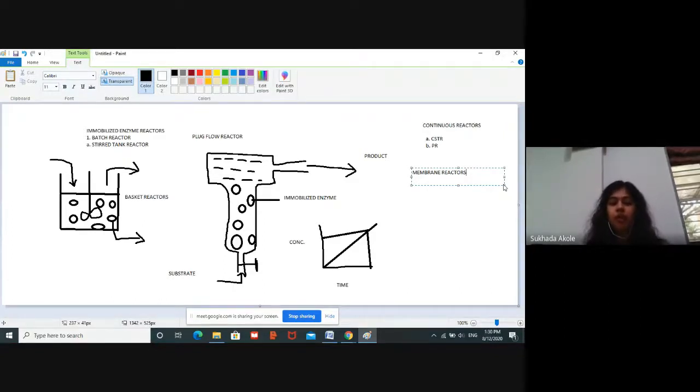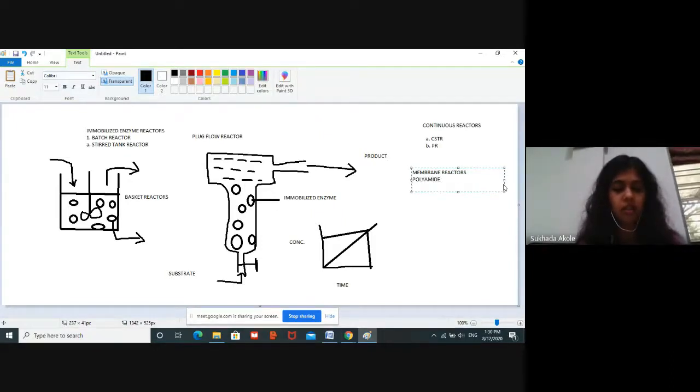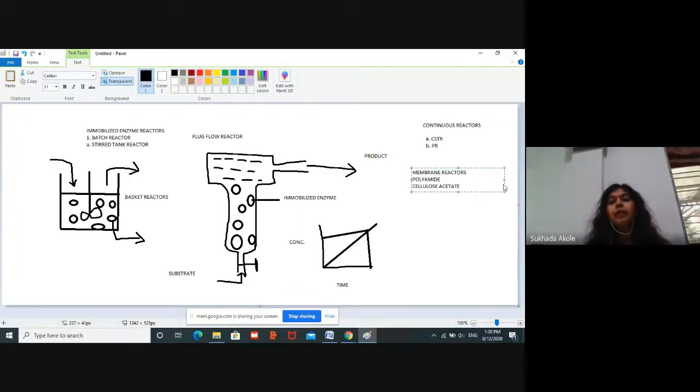Commonly, polyamide or cellulose acetate membranes are used. The biocatalyst, that is my enzyme or cell, is normally retained on the membrane of the reactor. Substrate is introduced into the reactor while the product passes out.